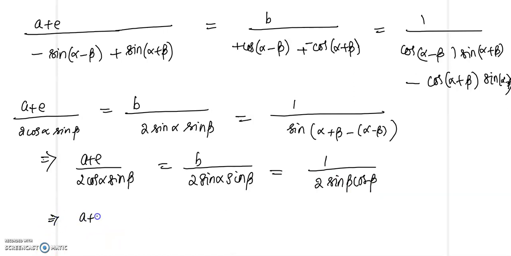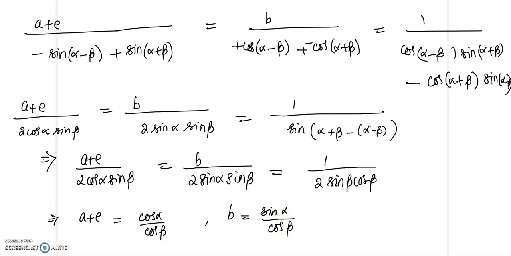that will give A plus e equal to cos alpha by cos beta, and B will be equal to, so 2 sin beta will cancel off, so we'll get sin alpha by cos beta.